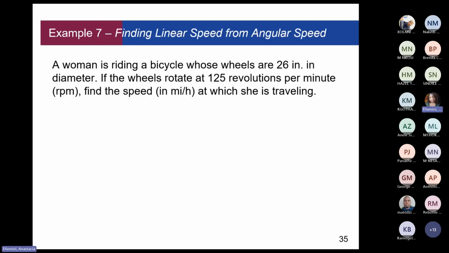A woman is riding a bicycle whose wheels are 26 inches, let's call them centimeters, in diameter. If the wheels rotate at 150 revolutions per minute, find the speed in inches, I don't know those units, at which she travels.